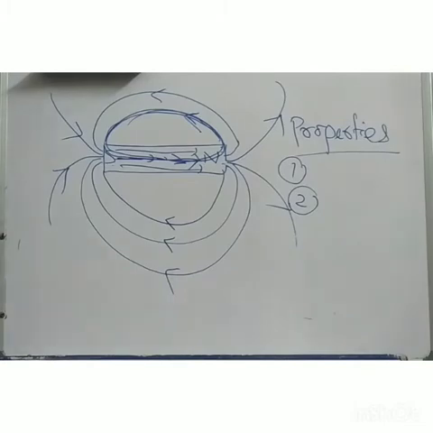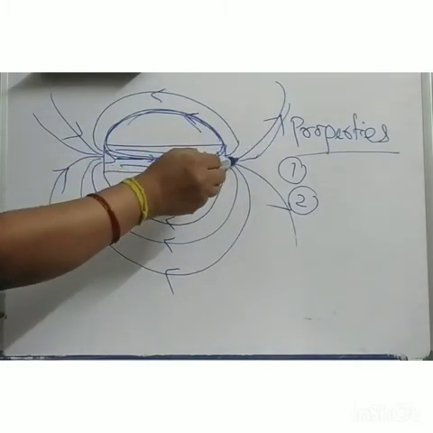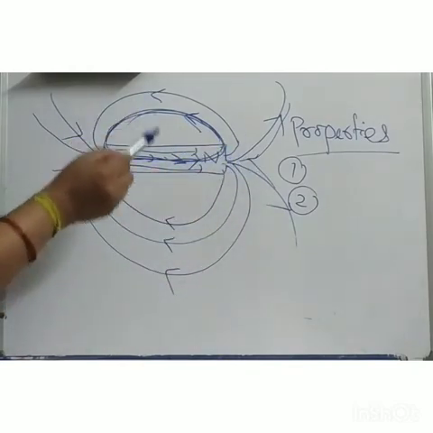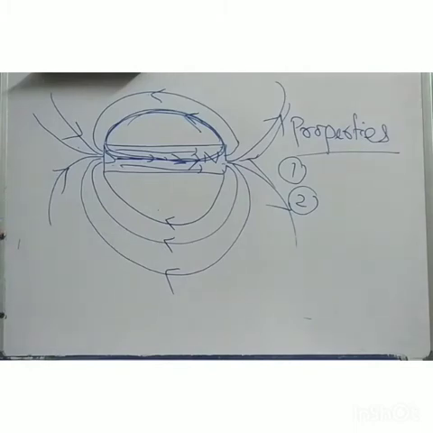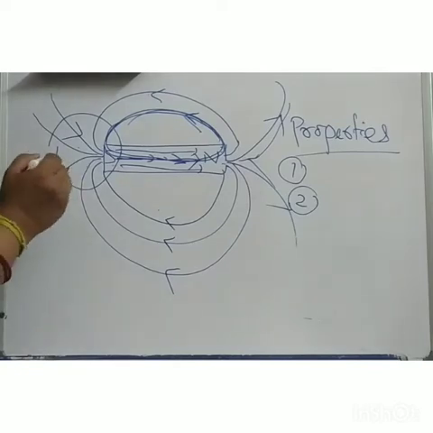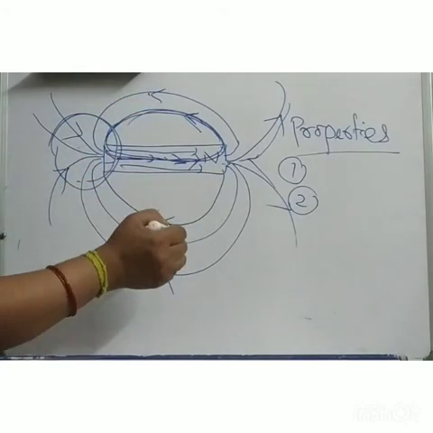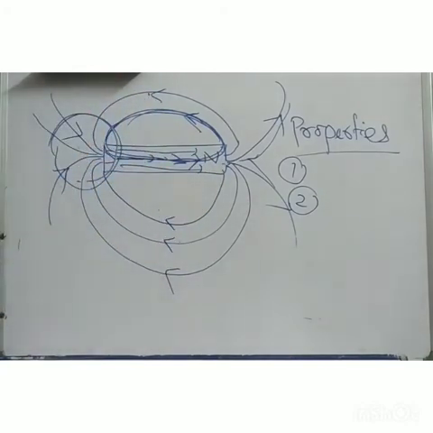As you can see, the field lines are crowded here, near the two poles, and here it is less. So the more the crowding of the field lines, the stronger the magnetic property there. That means here you will observe a strong magnetic field, and here a weak magnetic field.